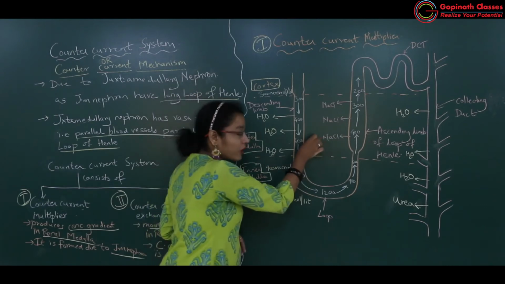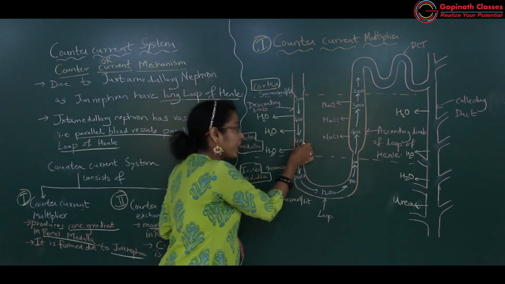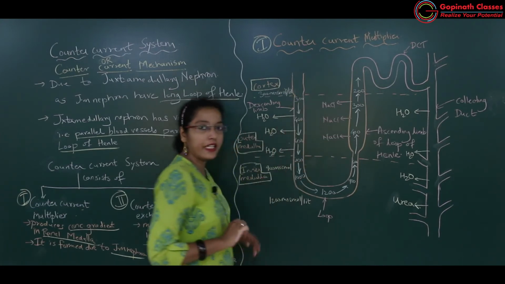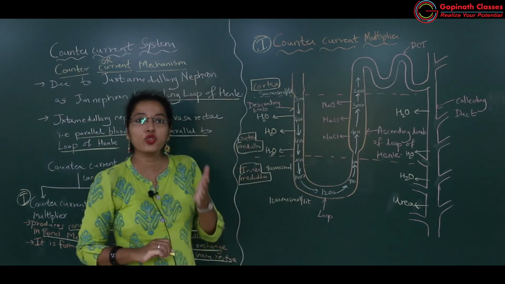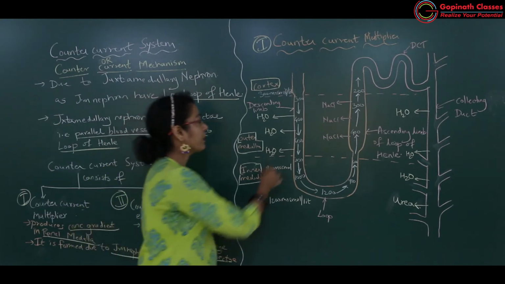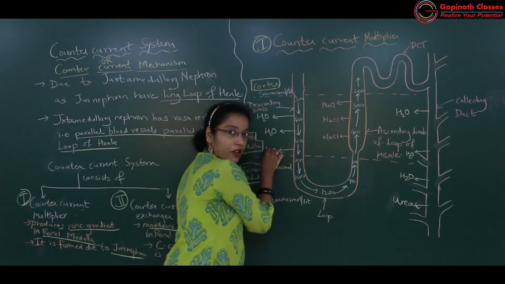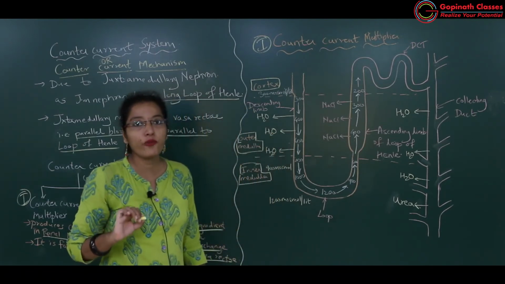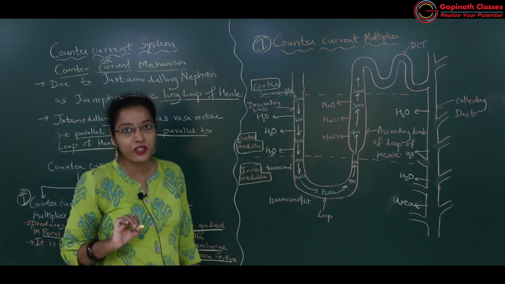So concentration बढ़ने के कारण water which is there, it will come out from the descending limb. डिसेंडिंग लिम्ब में जो नेफ्रिक फिल्ट्रेट है उसमें का वाटर बाहर आएगा. Okay, all of you understood why descending limb of loop of Henle is permeable to water?